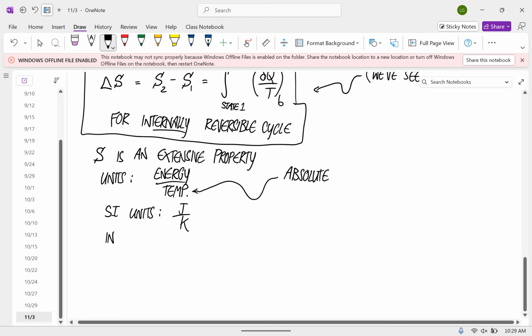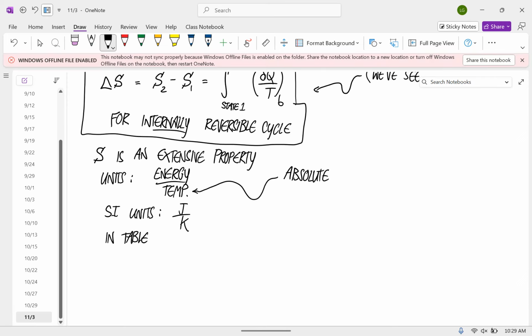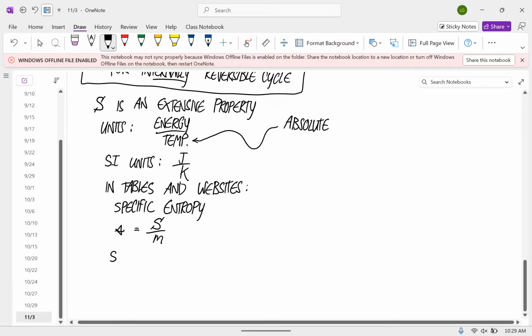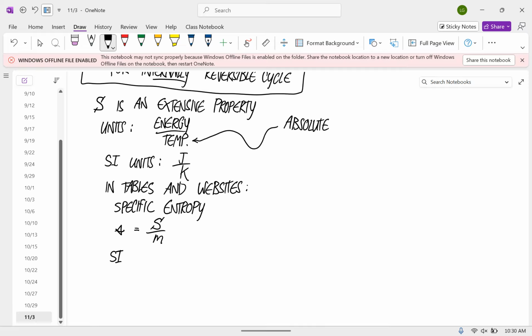In tables and websites, they give specific entropy, which is a lowercase s. I'll do it as a script s, but it's just a lowercase s. And this is the extensive entropy per mass. And so the SI units of that are just the units of entropy divided by kilograms.